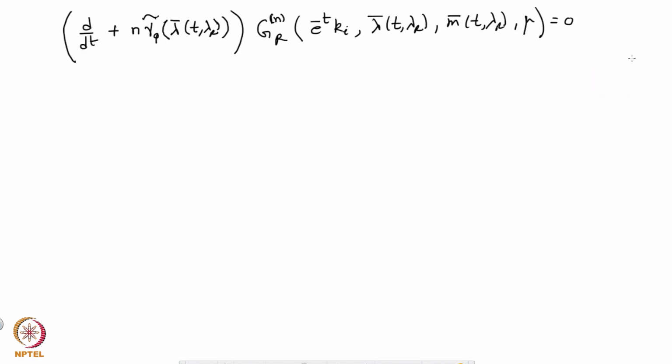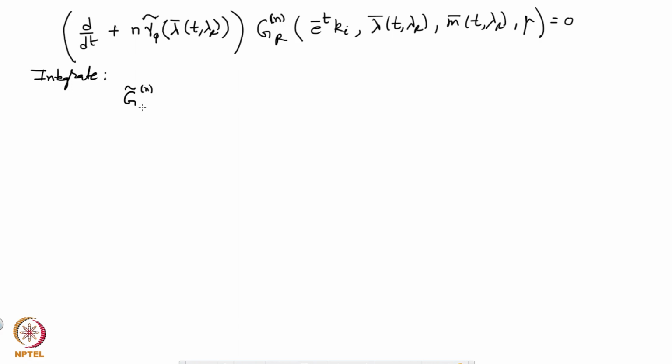Okay, this is what we have now. So let's integrate this. When you integrate this, you will get the following. Okay, let me give you the solution and then we can check.